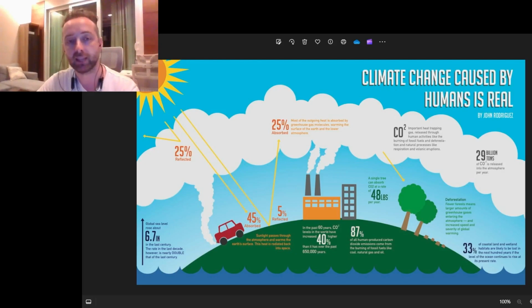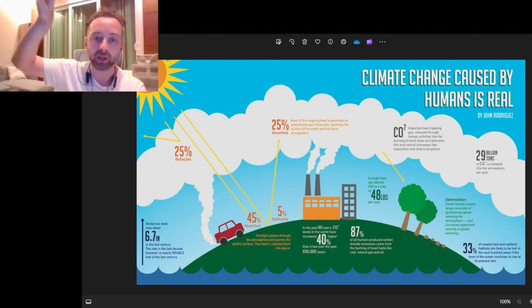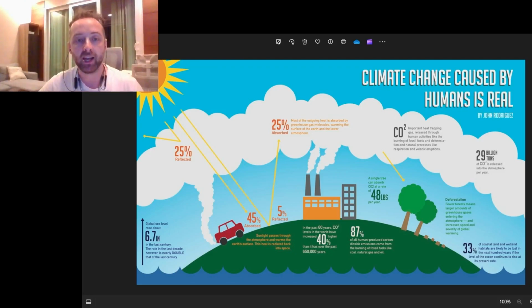We have some data, some graphs, showing that solar activity is decreasing during the 20th century, and the average temperature is growing. The two graphs have polar opposite directions. So the only explanation is human activity and the burning of fossil fuels.